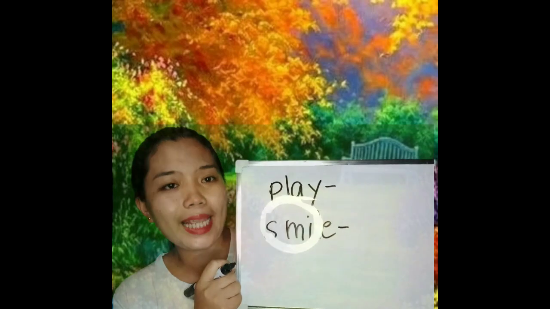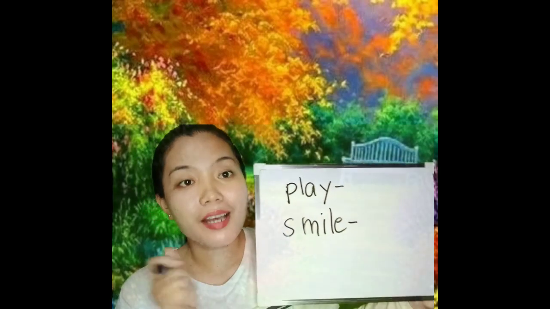The first rule, we will add s to most verbs. Okay, we will add s. Again, we will add s to most verbs here. Okay, I will only give two words. Play. Next is smile.